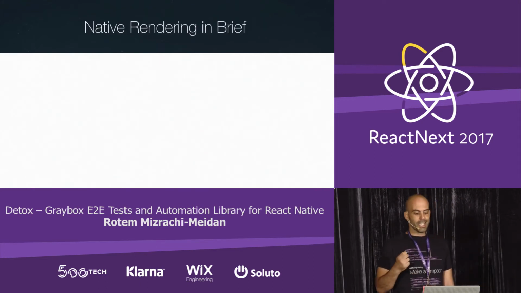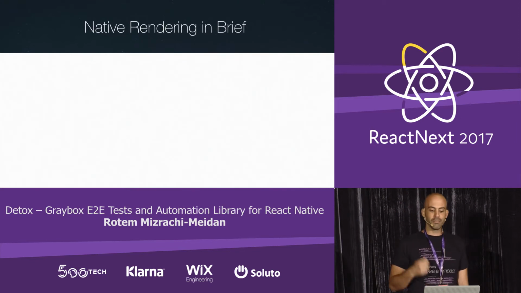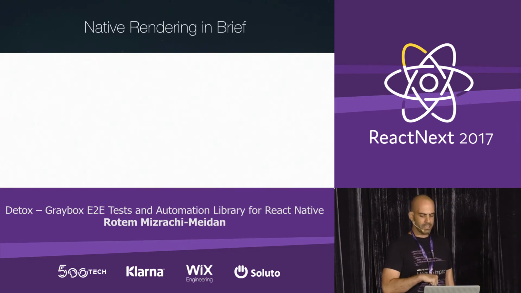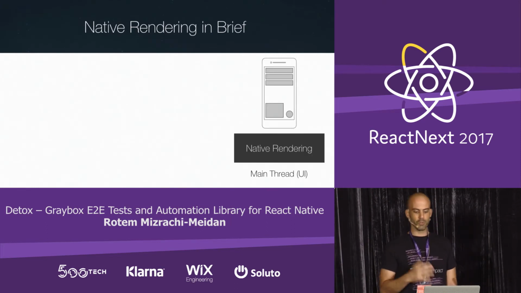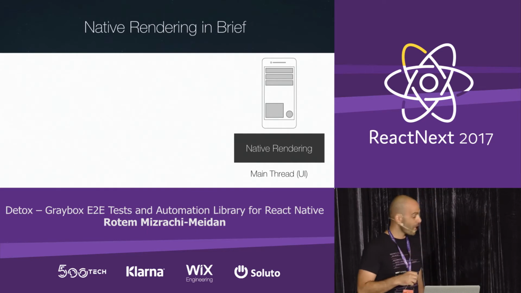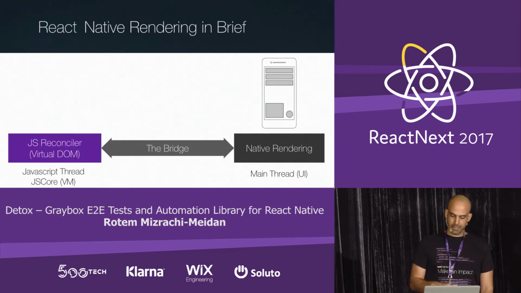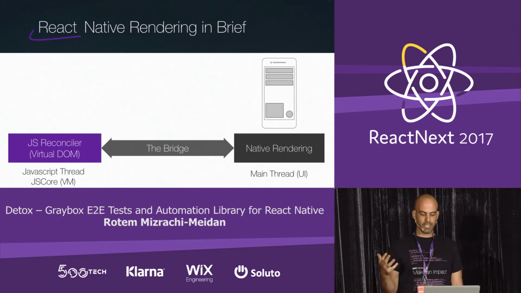E2E gets even worse, even more flaky, when used with React Native apps. Let's talk a bit about rendering to better understand why. On native apps, there is only one thread responsible for rendering the UI. In React Native, it's a bit trickier, because React Native's unique architecture adds complexity to the system.